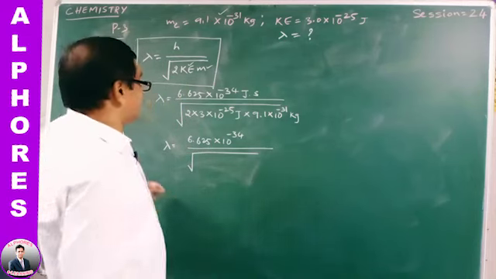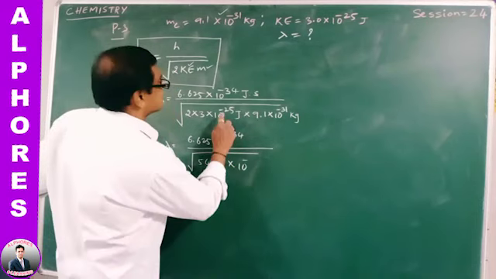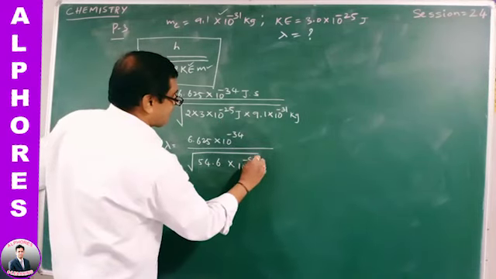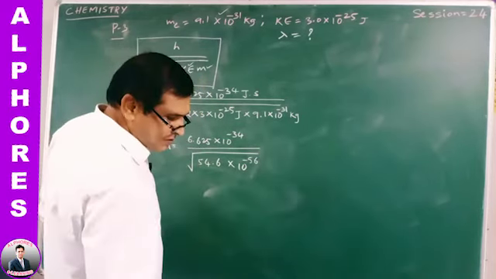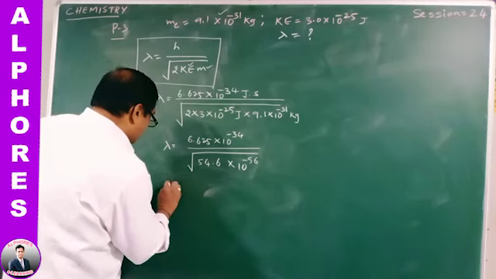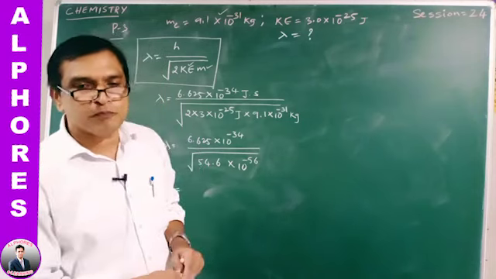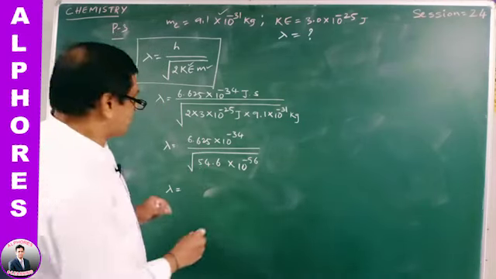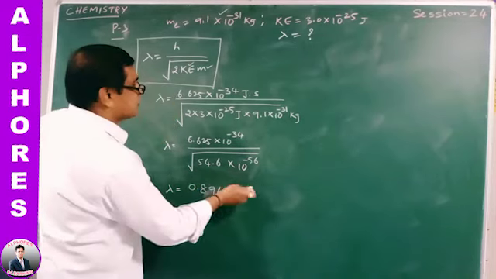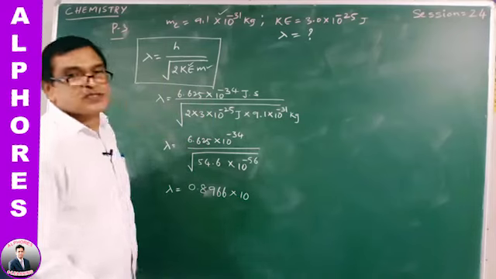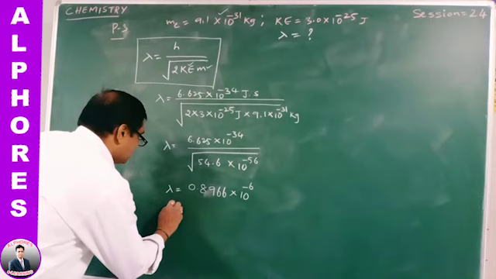the value is 54.6 into 10 to the power minus 26. Now on simplifying this, lambda will be equal to 0.8966 into 10 to the power minus 6.